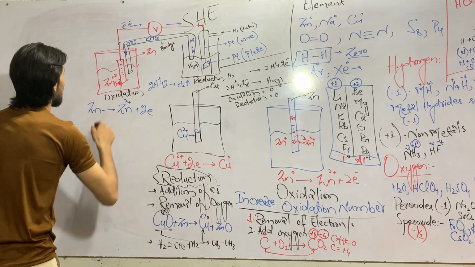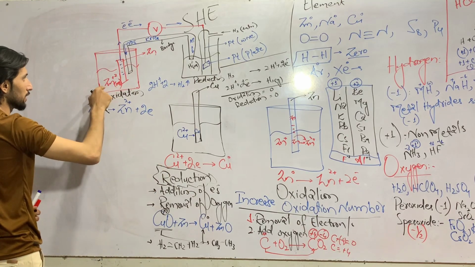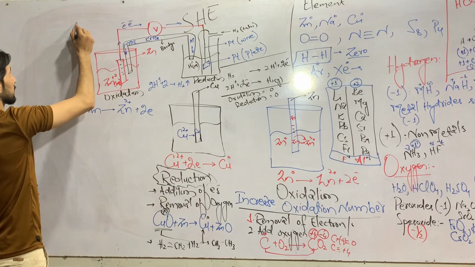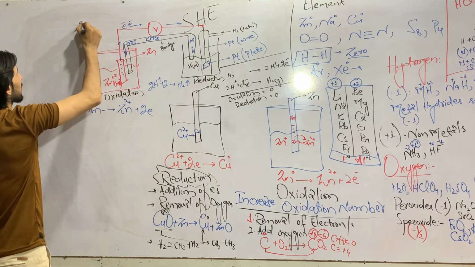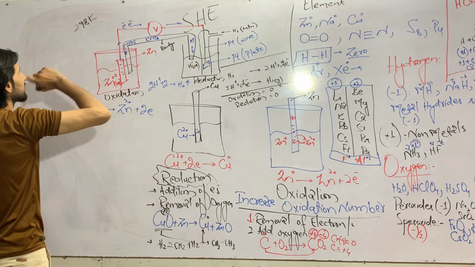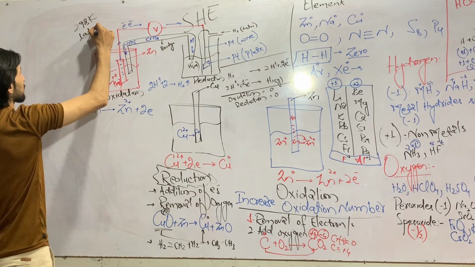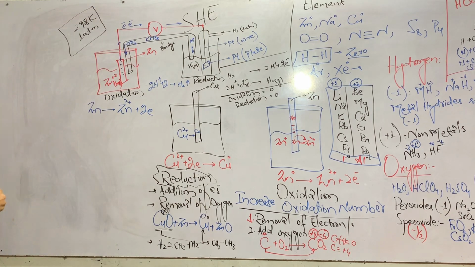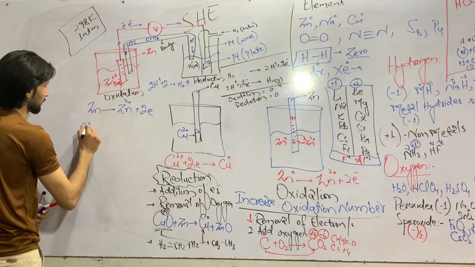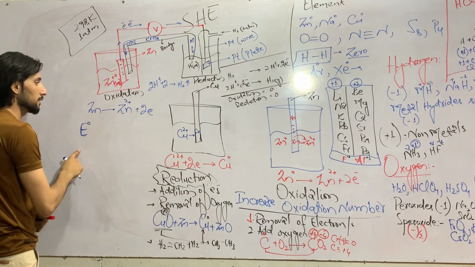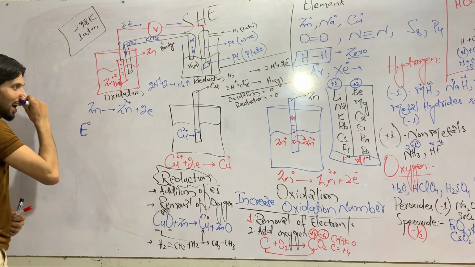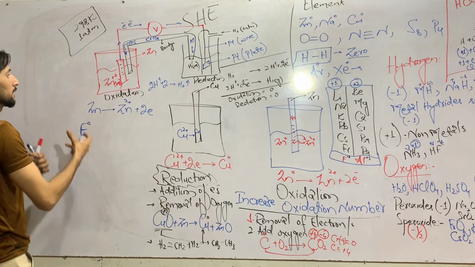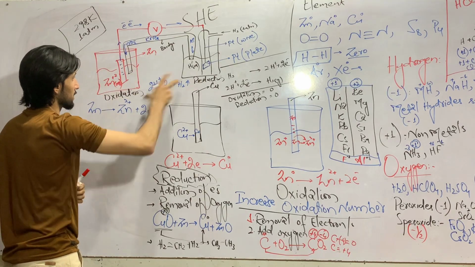Now I have taken a 1 molar solution of zinc ions, and this whole setup is set at 298 Kelvin, meaning room temperature, and 1 atm pressure. The readings taken in this condition are called standard readings. So this is the standard electrode potential.